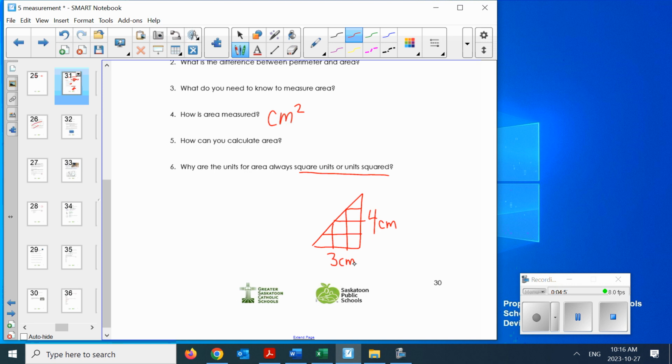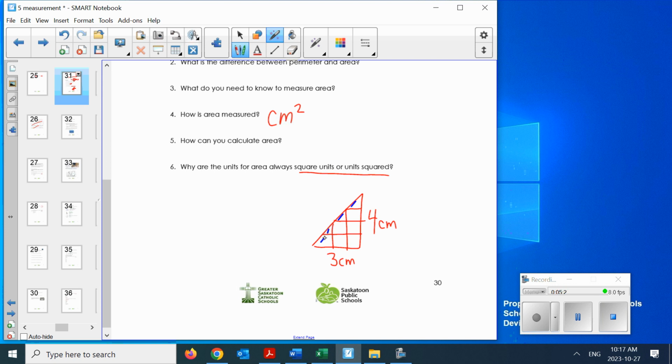And if I count these up, I got 1, 2, 3, 4, 5. 1, 2, 3, 4. Then I've got some halves and stuff like this to add up. These portions, you have to add up the decimals.